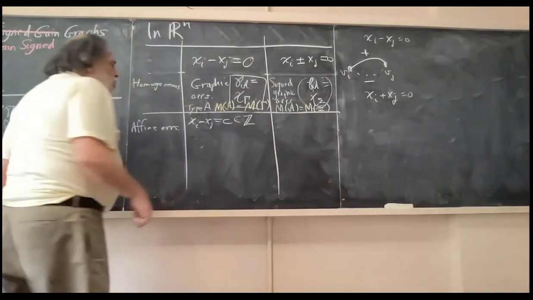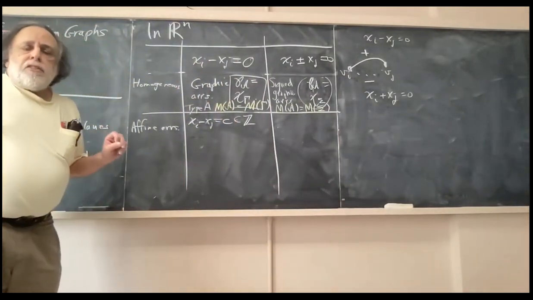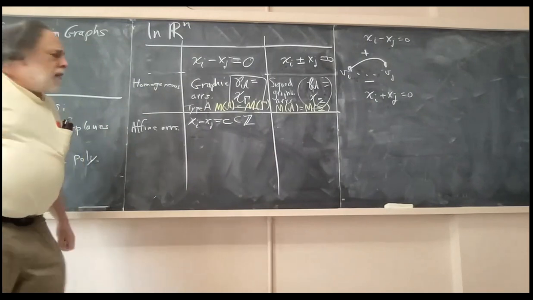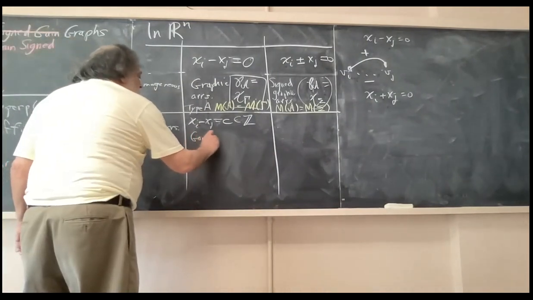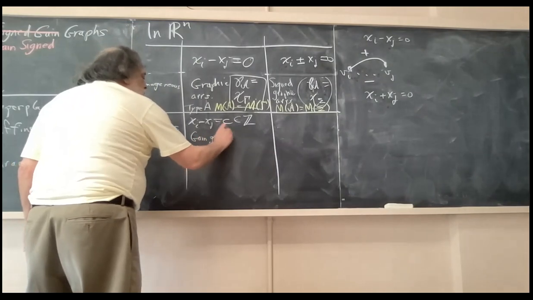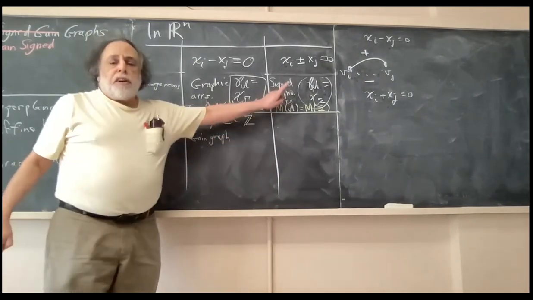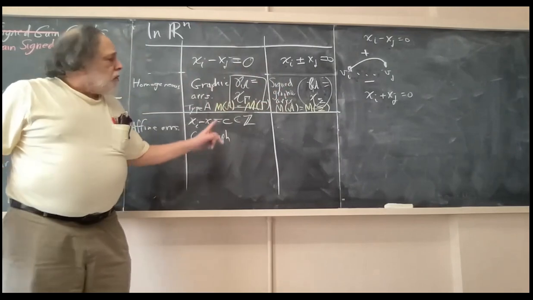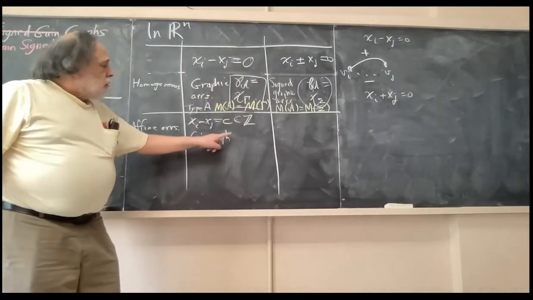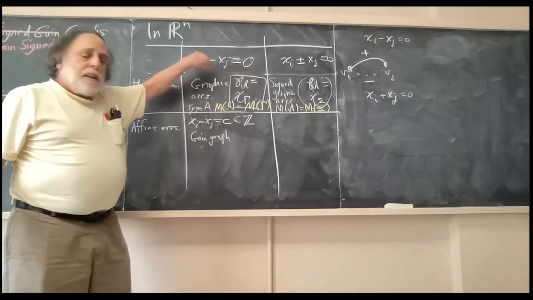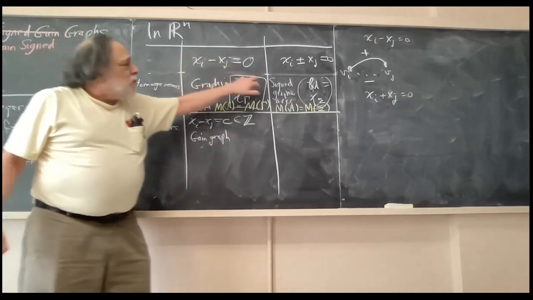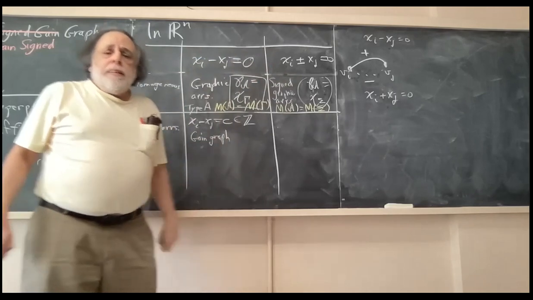So this type of arrangement is not described by a graph, but it's described by a gain graph. And I will have to explain what that is, but this is a generalization of a signed graph. And this gain graph is going to give us all the same information that we get from a graph in the case of this type A, or the signed graph in this other case.